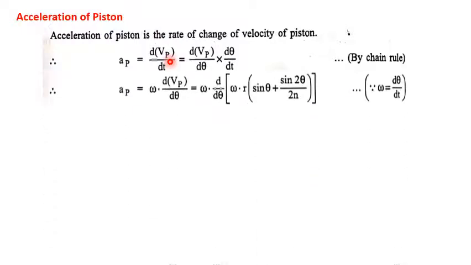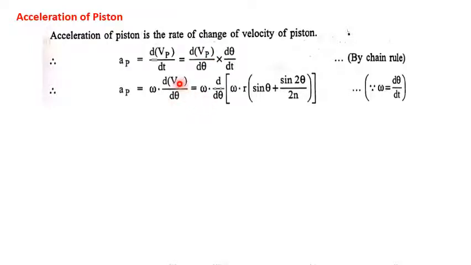Now we know that omega is nothing but the rate of change of angular displacement with respect to time. Therefore in place of d theta by dt, we can write omega. So omega is multiplied by the remaining term, that is the differentiation of Vp with respect to d theta.